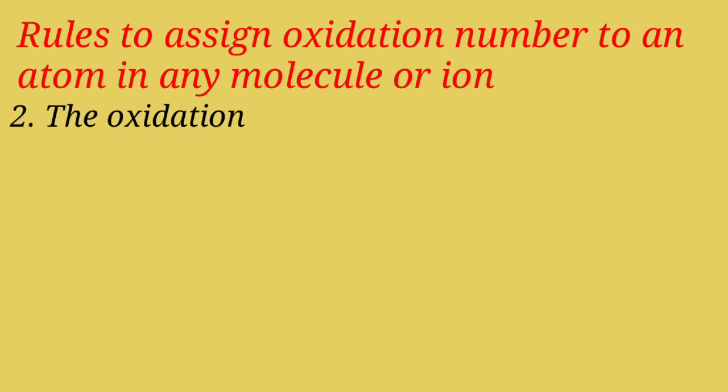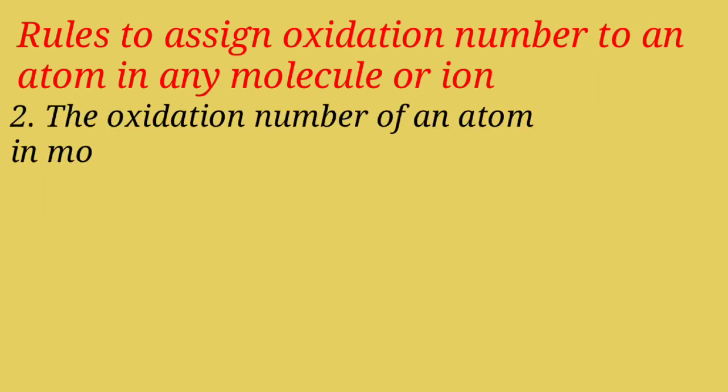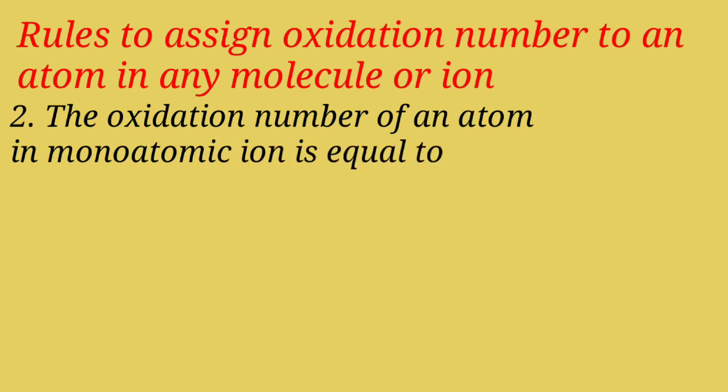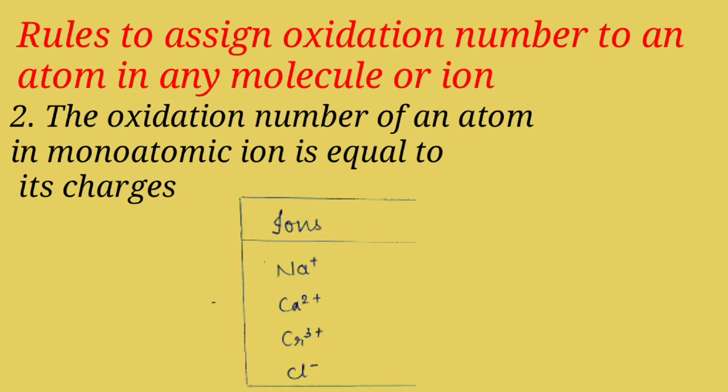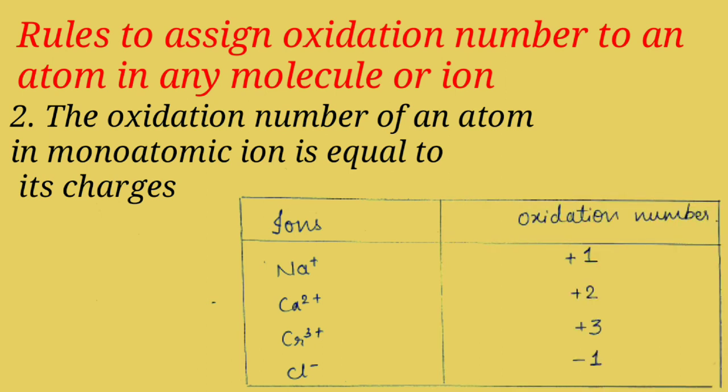Second rule states that the oxidation number of an atom in monoatomic ion is equal to its charges. Over here, the oxidation number of sodium ion, that is Na+ ion, is +1. Similarly, for calcium ion, it is +2. For chromium ion, it is +3. And for chloride ion, it is -1.